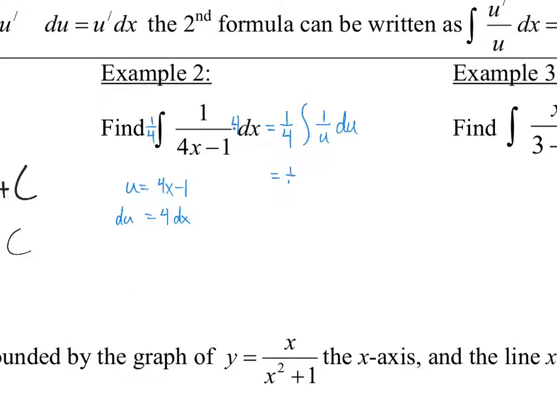Okay, so it's going to be 1/4 times ln of absolute value of u. Since there aren't bounds that I can convert to, I should go ahead and give my final answer in terms of x. So that means I'm going to have 1/4 ln of the absolute value of 4x minus 1, and then a plus c at the end.